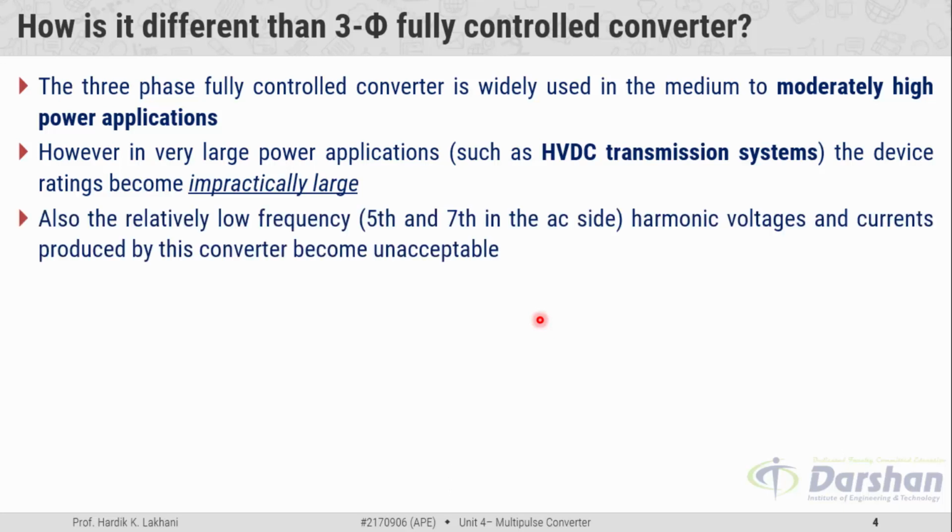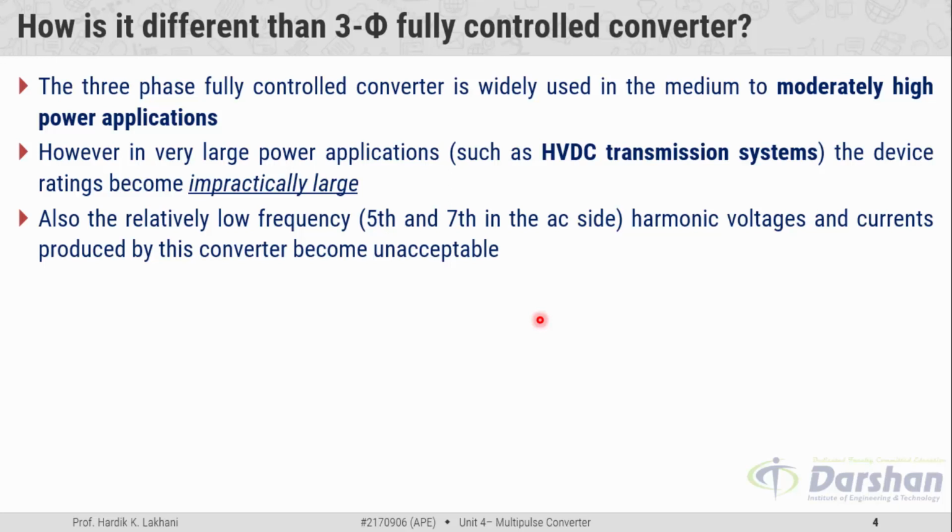Also, the relatively low frequency harmonics like 5th and 7th on the AC side in the voltages and the currents produced by this converter become unacceptable.